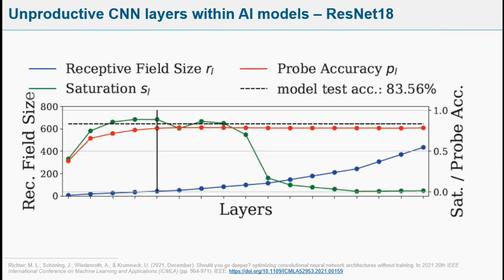And we investigated this on convolutional neural networks. With a component-wise analysis, we found out that there is a point at which the layers saturate, so that the layers do not provide more information to the learning of the classification task.